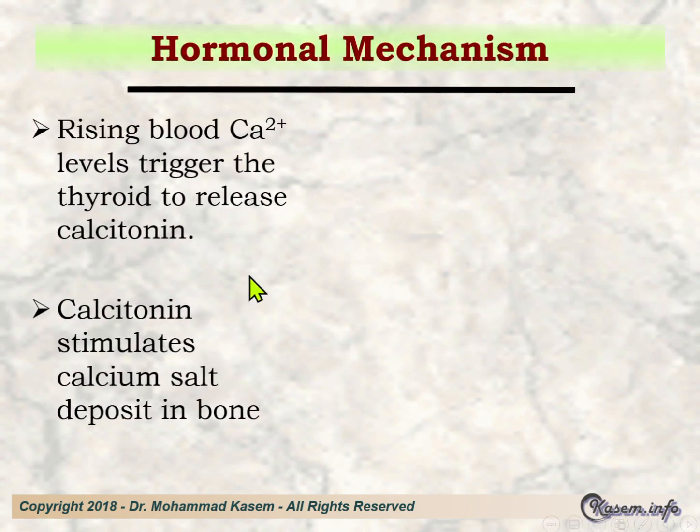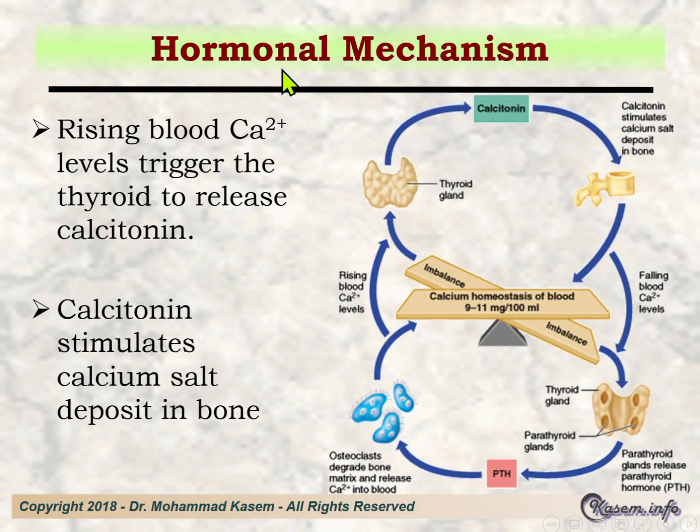Let's see the hormonal mechanism and the hormonal factors that act on the deposition of calcium in the bone and the resorption of calcium from the bone and its return back to the blood. The circulation of calcium from bone to the blood and from blood to the bone. Here are the two antagonistic effects of calcitonin and parathyroid hormone.